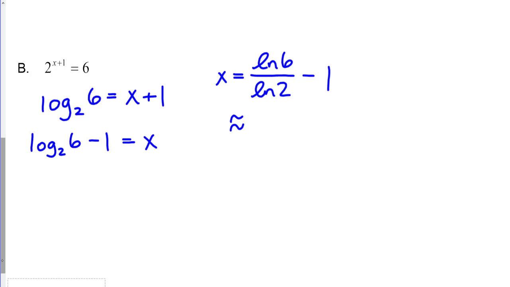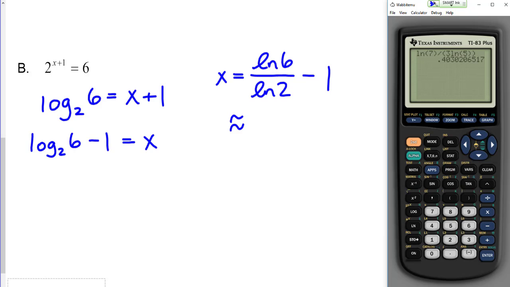And then plug that into the calculator. So let me bring that up. So natural log of 6, close parentheses, divided by the natural log of 2, and minus 1. So we get approximately 1.585.